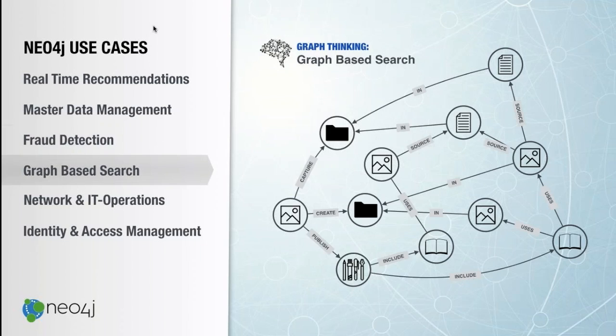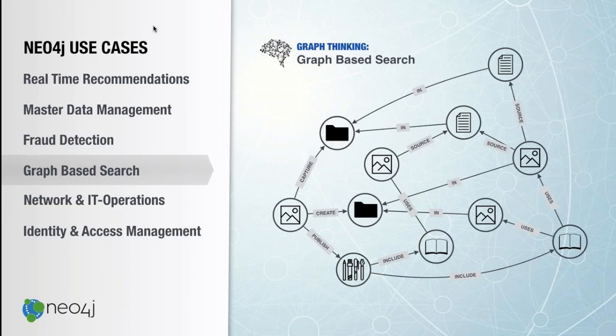Another use case is what we call graph-based search. You may be familiar with the concept of faceted search. If you go to a website, you're often invited to restrict your choice to, in the case of Amazon, computer goods or books or movies. But a graph-based search is much more than that.